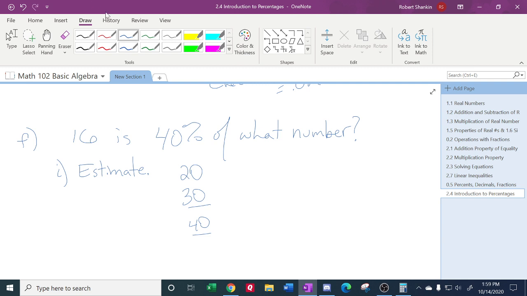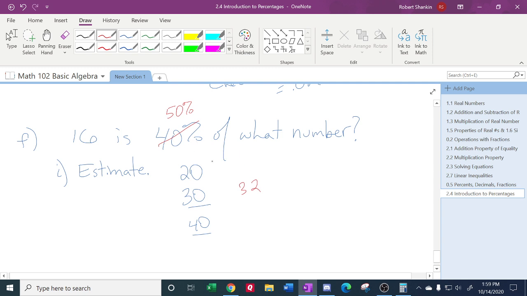Now, I might look at this and change it to get my estimate. 50% is a number I can deal with pretty quickly. 16 is 50% of what number? 50% is the same as half. And half of what is 16? So I might say something like around 32.